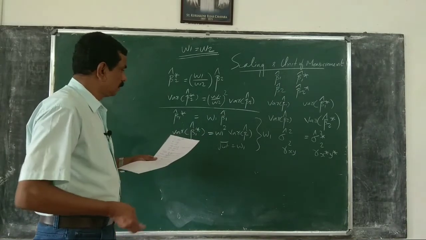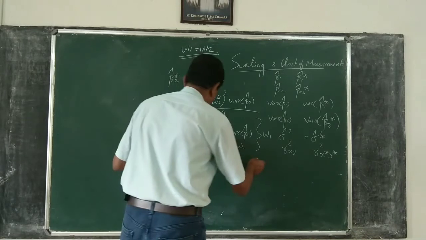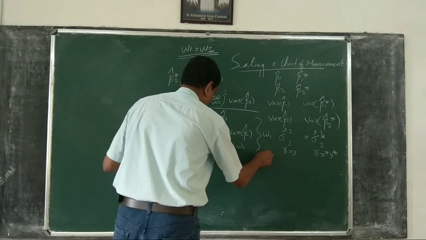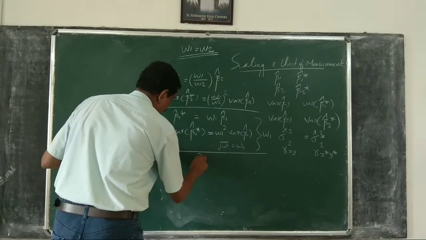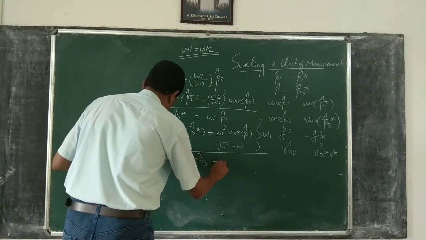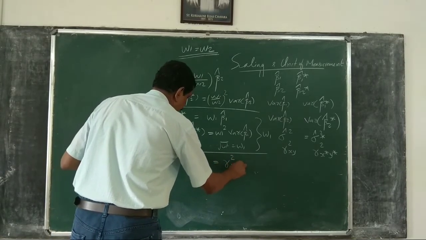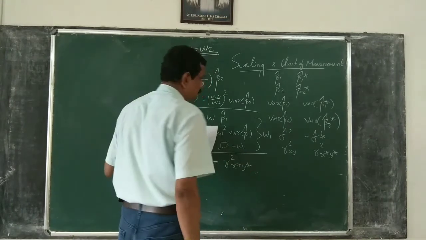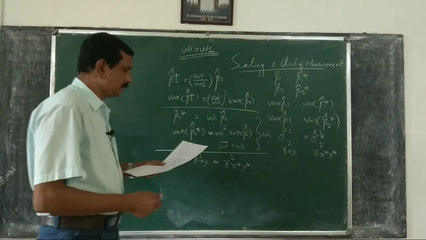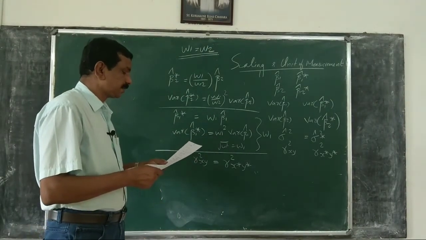Now, that is the second result. And R square between x and y is equal to R square between X star and Y star. That is, whatever is the unit of measurement, R square is not affected.